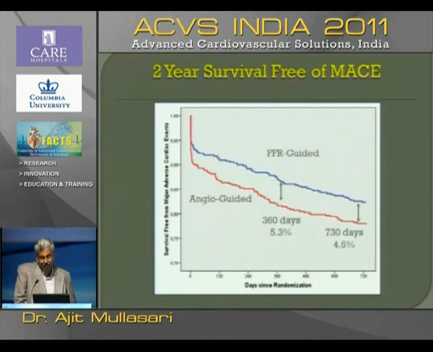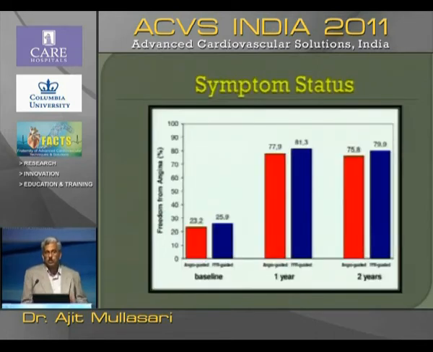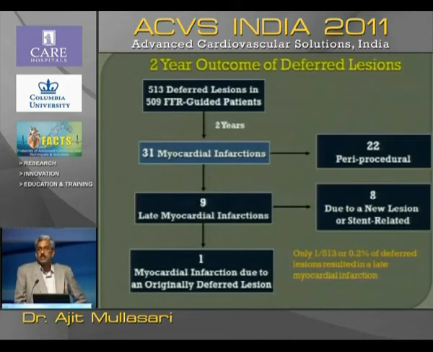On a 720-day follow-up by Kaplan-Meier survival curve, the patients with FFR did better than angio-guided. Also, the symptom status did not change whether you did it FFR-guided or angiographic-guided. So the conclusion there was FFR is not only good, but is maybe better than angio-guided PCI in multivessel disease in patients with more than 50% stenosis, clearly in that subset.